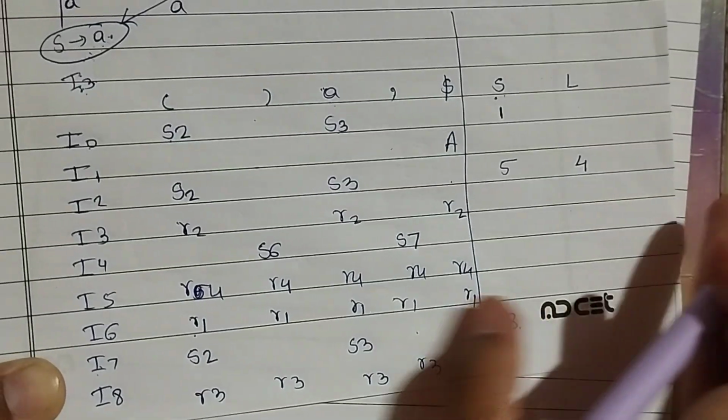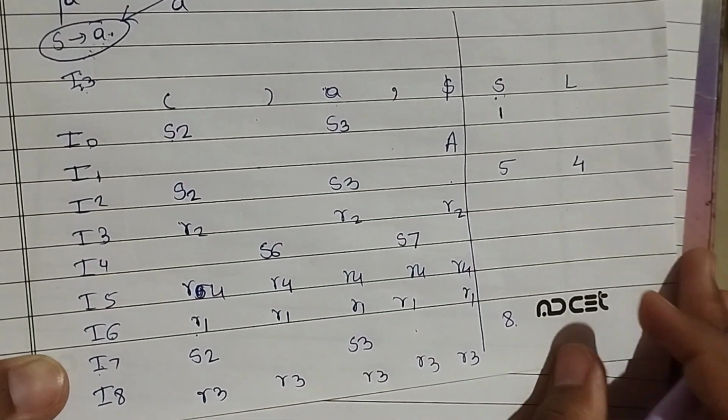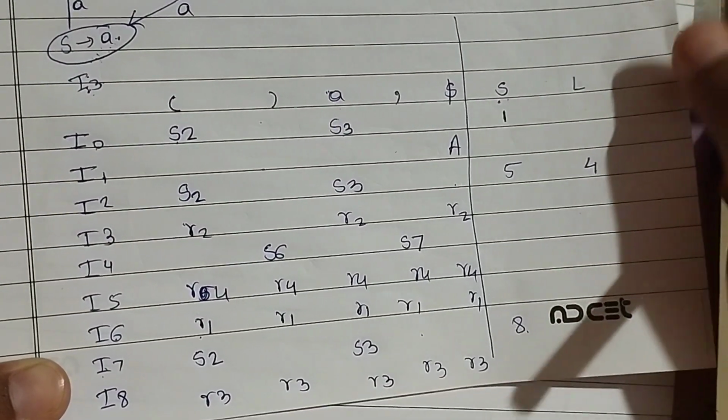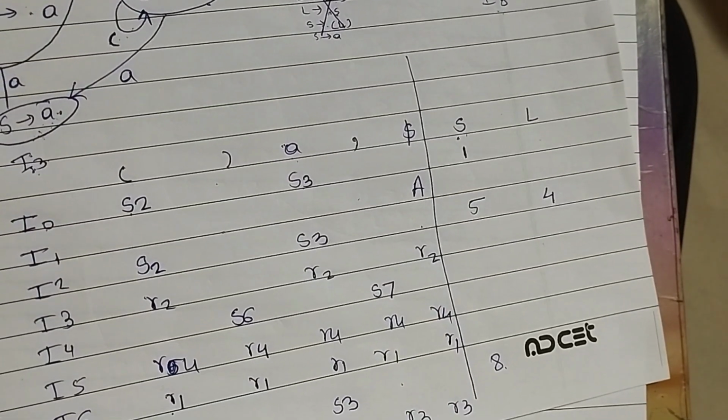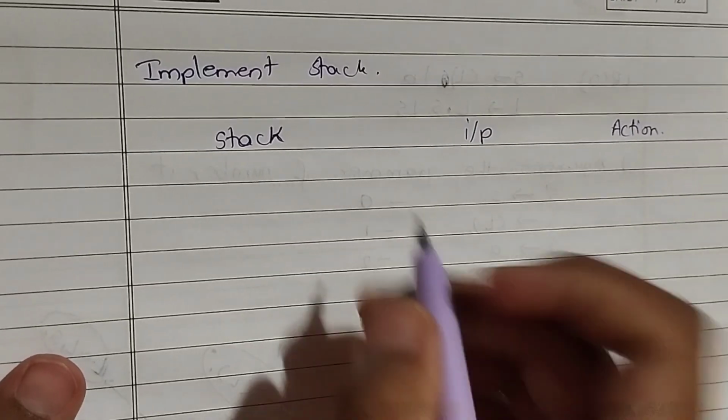Now the table is constructed. Now we move ahead for the string. The next step is we construct the stack. Now we implement the stack.